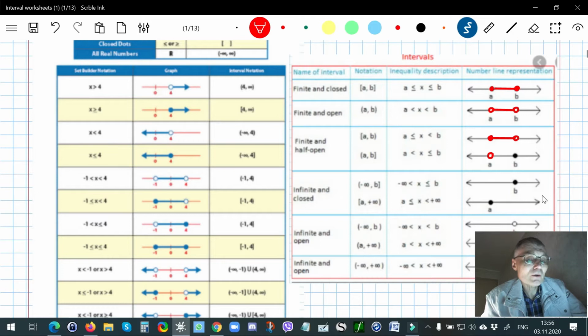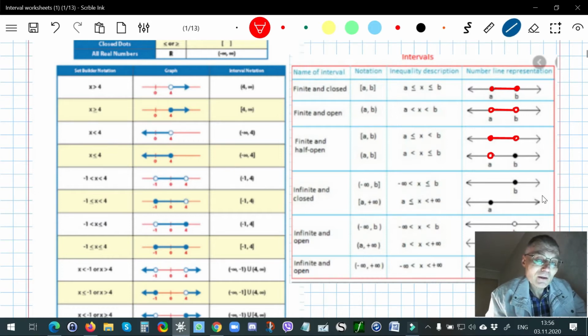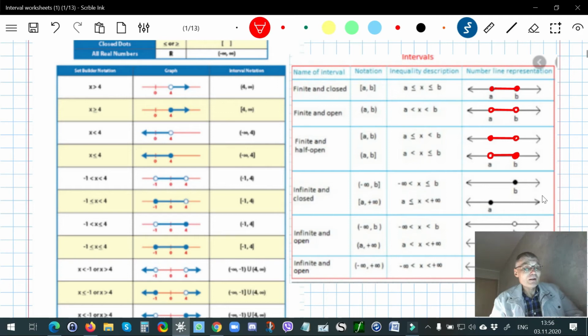We don't include A here, and we include everything inside, and we include B. So both intervals are finite and half open, but they are half open at different sides. This one is open at this side, and this one is open at this side, closed here.